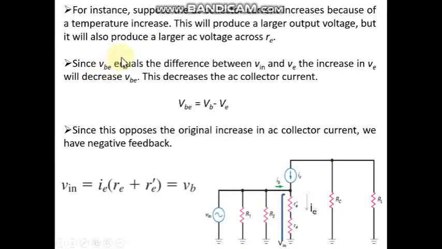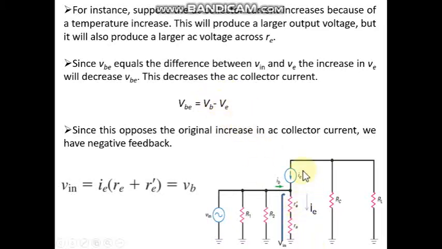Since VBE equals the difference between V in and VE, VBE is nothing but VB minus VE. The increase in VE will decrease VBE. As this IC increased, this voltage also increased, so your VE available here at the emitter is increased.